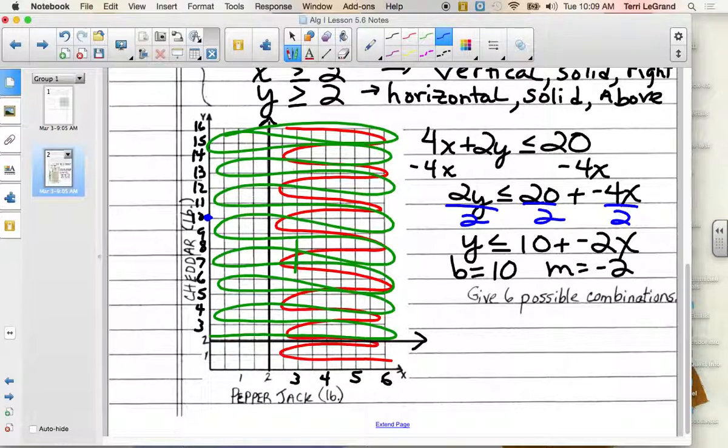We go down to 8, and we have to go over 1, which is actually how many grid lines? 2 grid lines. So we have to go down 2. In other words, we're going down 2 cheddars and over 1 pound of pepper jack, and the pepper jack is going by halves down there. So we keep doing that until we have a whole bunch of points to help us out here.